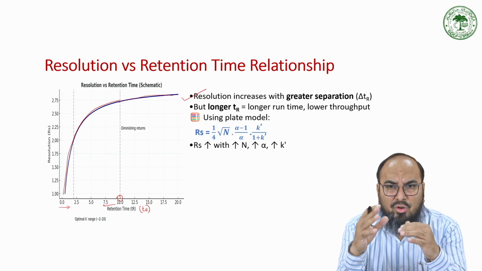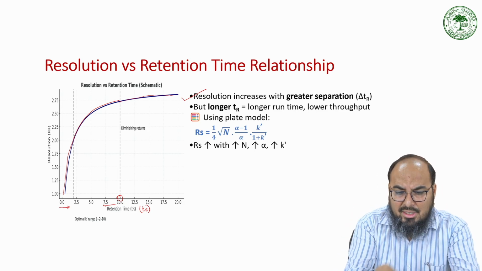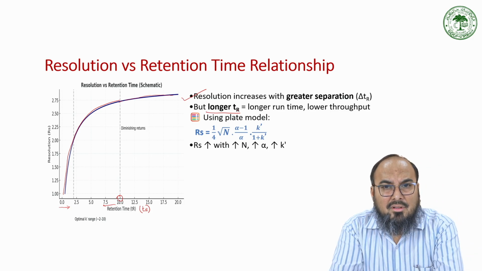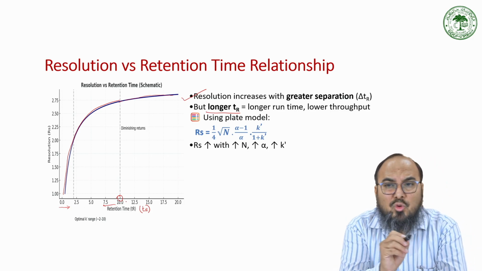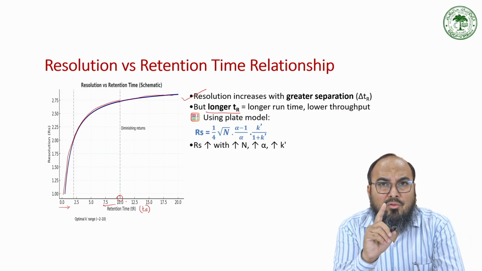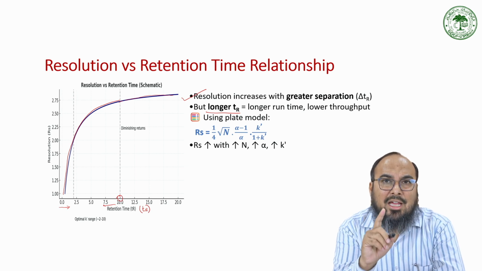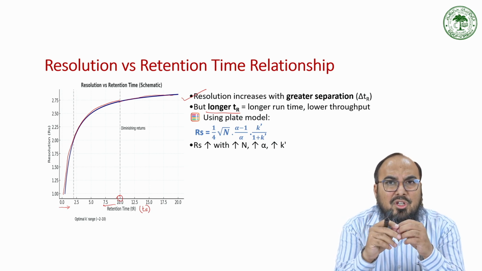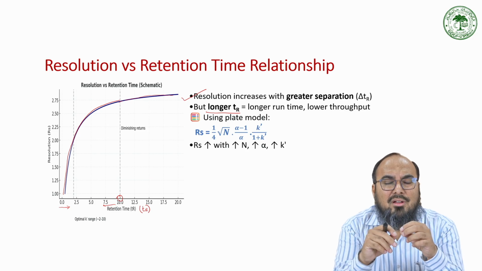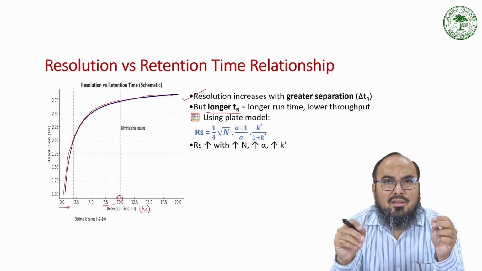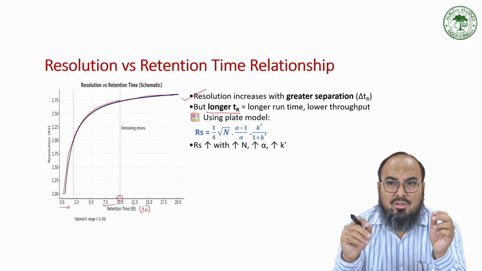But before going to the next slide, let us discuss one important aspect: if you have a longer TR, that is, if you increase TR too much, then one important aspect also comes into play, and that is the run time. If TR is too much, then your separation will be taking too much time. Okay, so you have to restrict the separation time also.